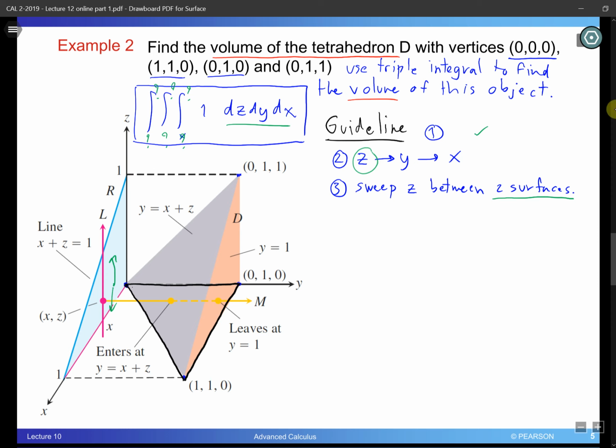So z is going to start sweeping from this surface to the upper surface right here, this gray slanted surface, the surface at the top.